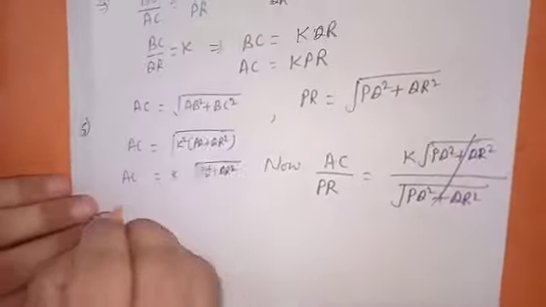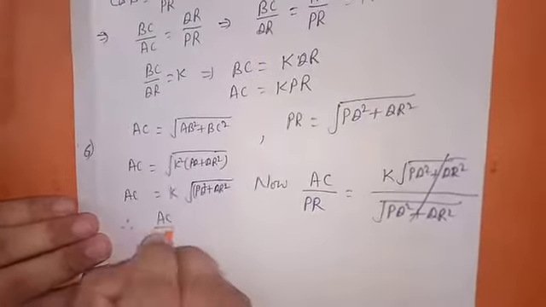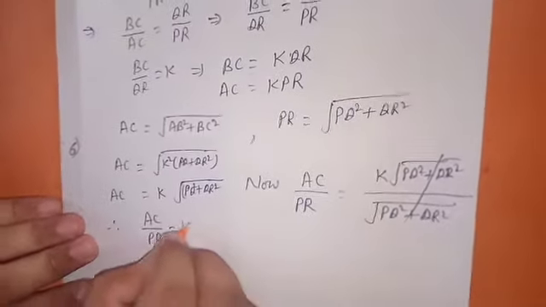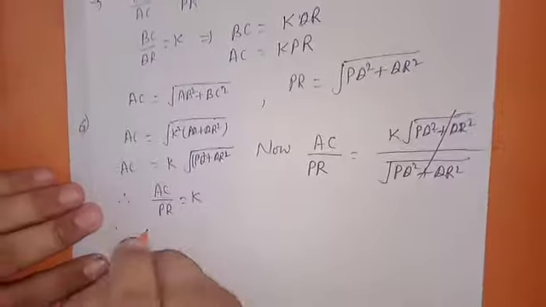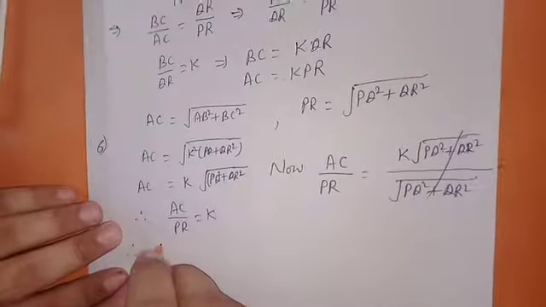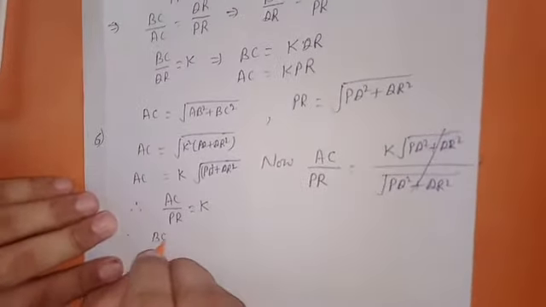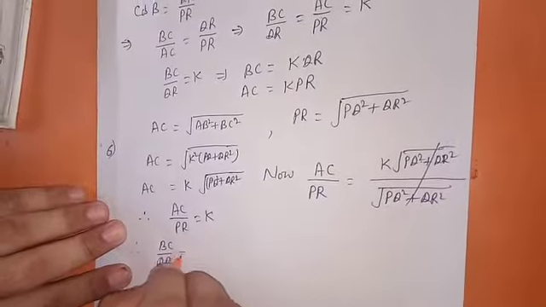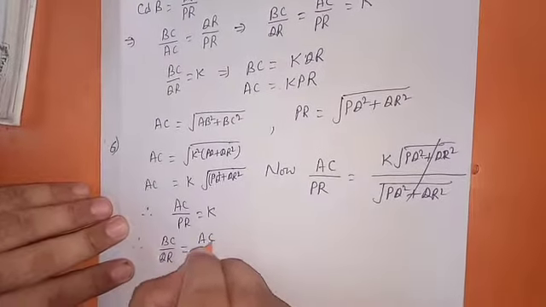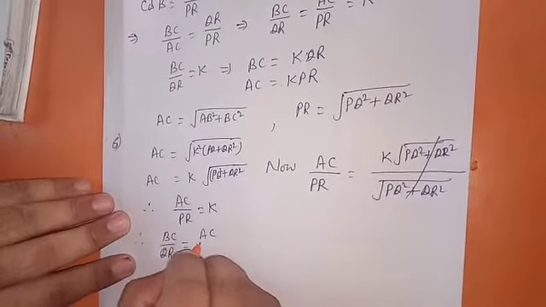Cancel out. Therefore AC by PR equals K. Therefore BC by QR is equal to AC by PR.